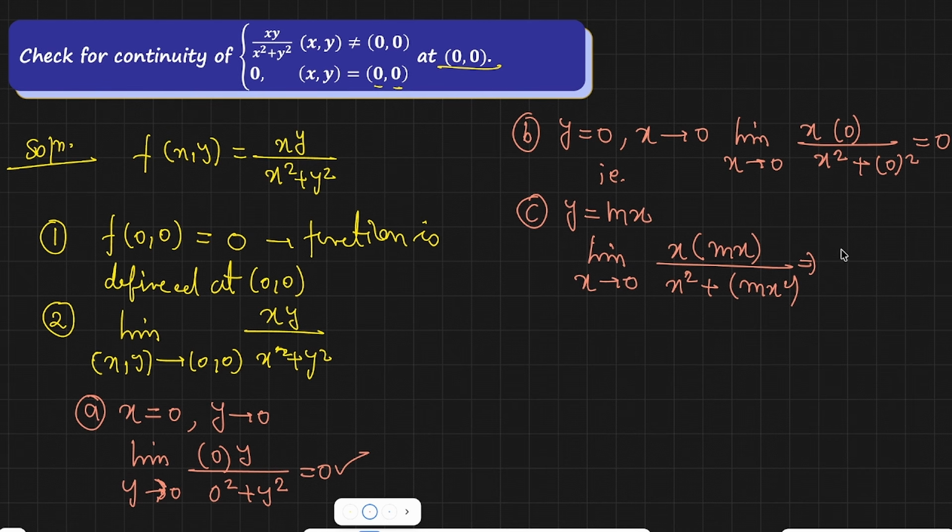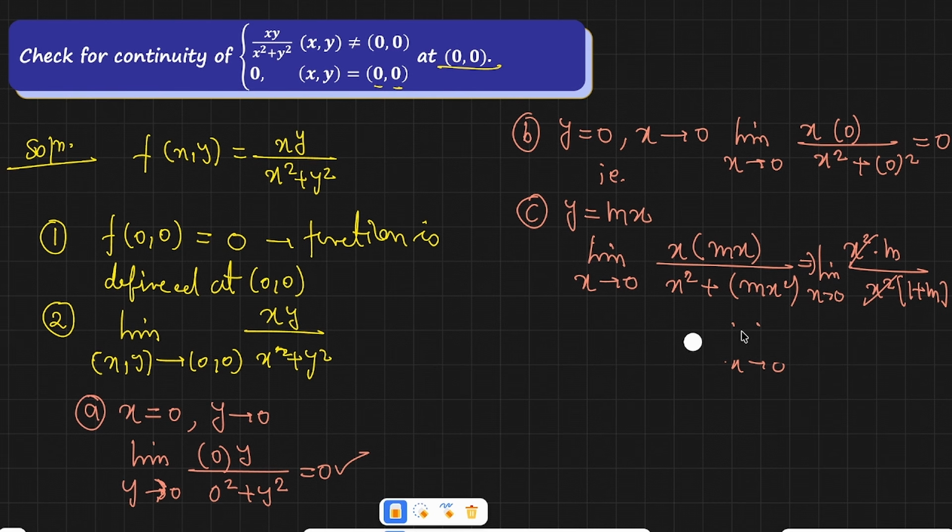So this will be x into mx, that is m x square, upon x square plus m square x square, with limit x tending to 0. X square I can take common, 1 plus m square. X square and x square get cancelled, so it is limit x tending to 0. Because there is no expression of x, it is m upon 1 plus m square.